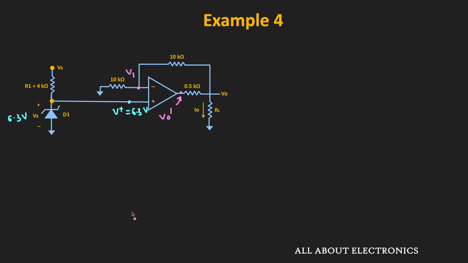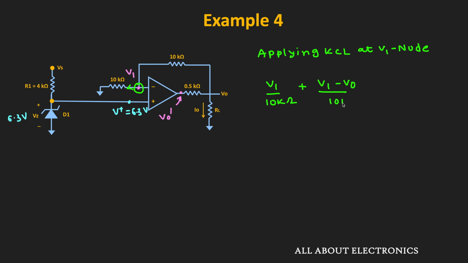So first of all, let us find the expression of the output voltage in terms of the load current. For that, let us apply the KCL at this V1 node. We can write V1 divided by 10 kilo ohm, that is this current, plus V1 minus V0 divided by 10 kilo ohm, that is this current, is equal to 0.